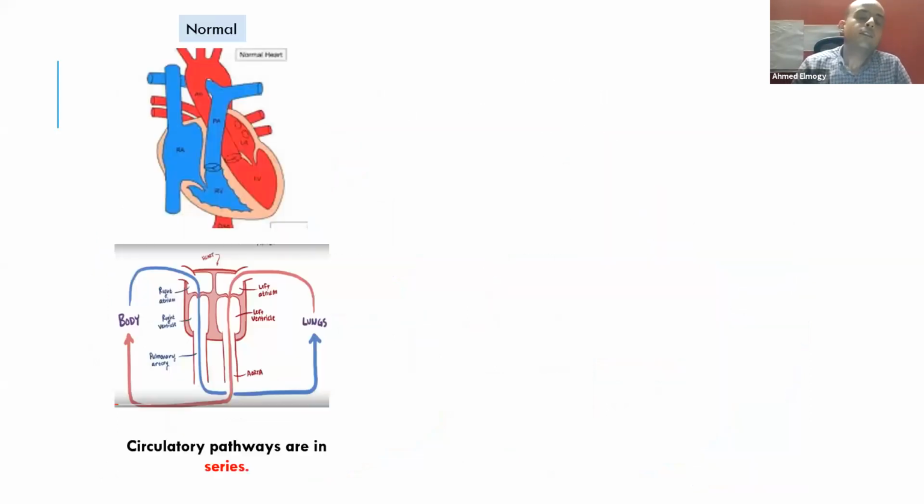In the normal heart, we see the circulatory pathways are in series, in which the systemic blood goes to the right side of the heart and then to the lungs and then back to the left ventricle and goes to the systemic blood vessels. So the circulation is in series.